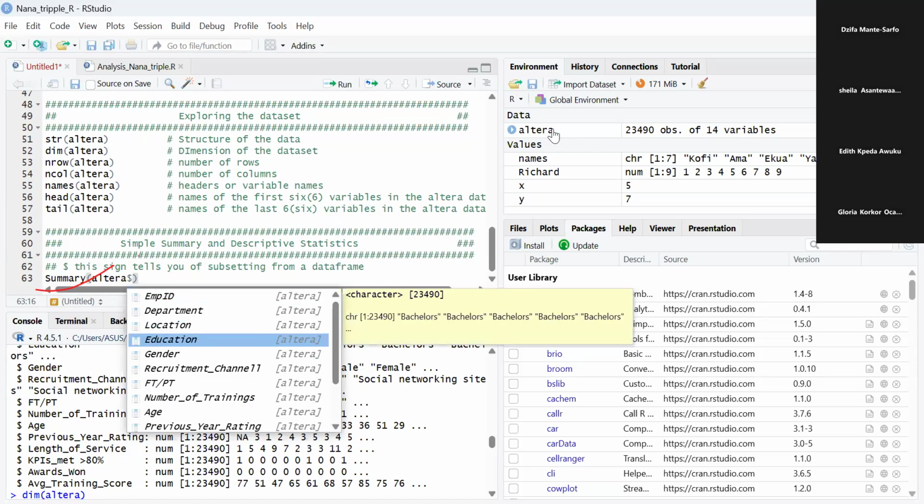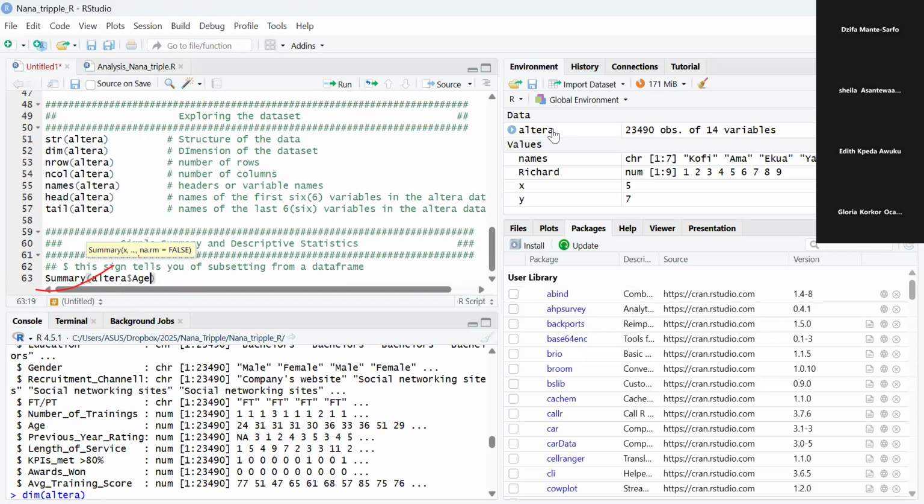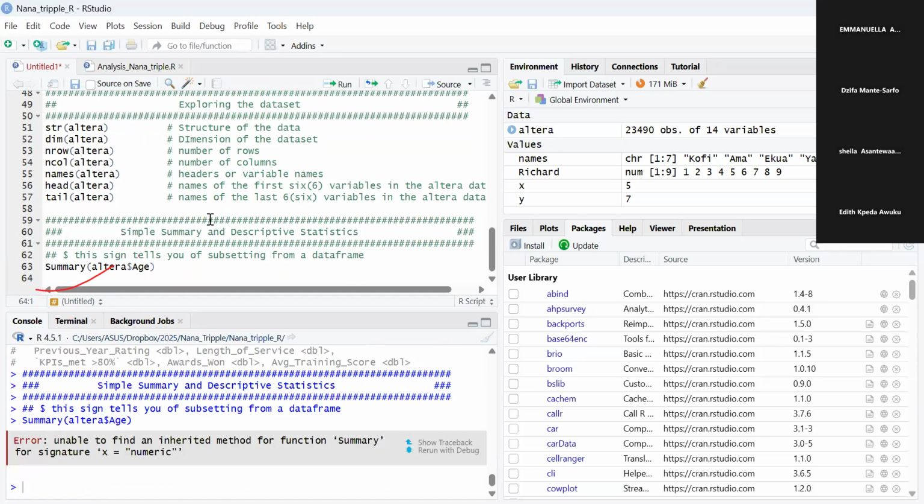Since we want to summarize, let's summarize age. Right? So let's summarize age. Now we are getting this. Why? Because there is an element in the data set which is not numeric.